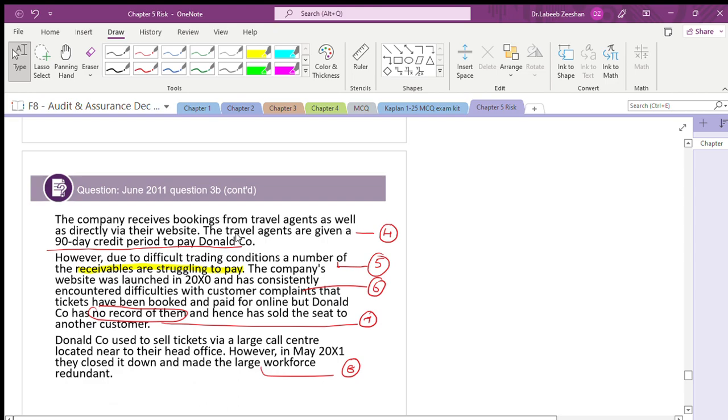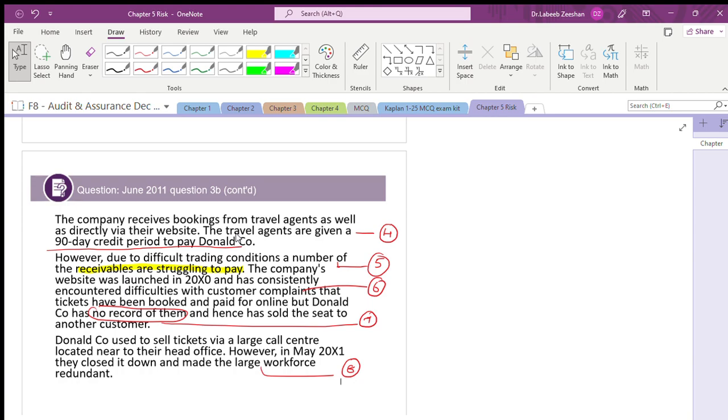Is it right? What is the audit risk? If you are saying the travel agents are given a 90-day credit period, is it justifiable? What is the audit response? The audit response is that you have to ensure that the receivables period should not exceed the 90 days credit period.